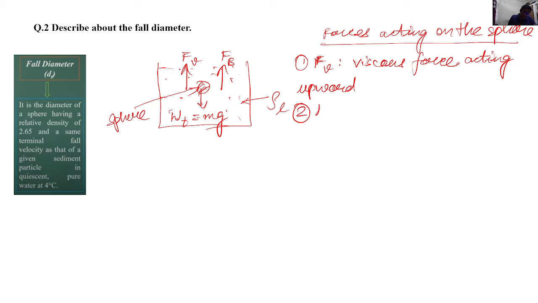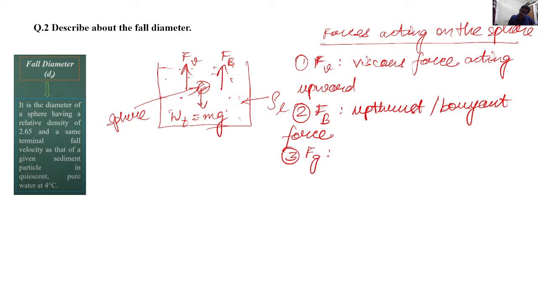The second important force happens to be the upthrust or buoyant force, which will again act upward as per the Archimedes principle. And the third one is the very fundamental force of gravity, that is the weight of the sphere. It acts downward and it is mass times the acceleration due to gravity, where m is the mass of the sphere.